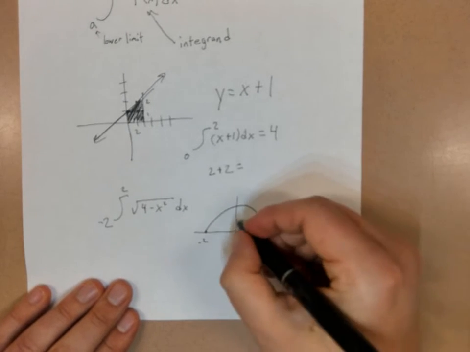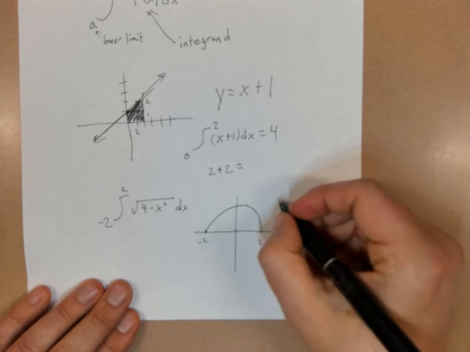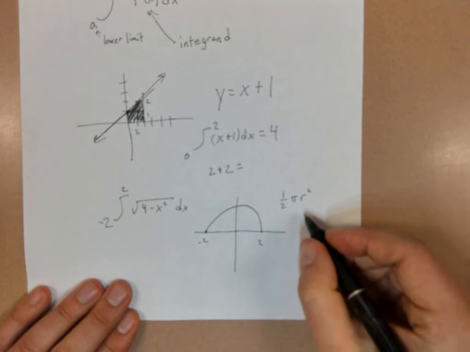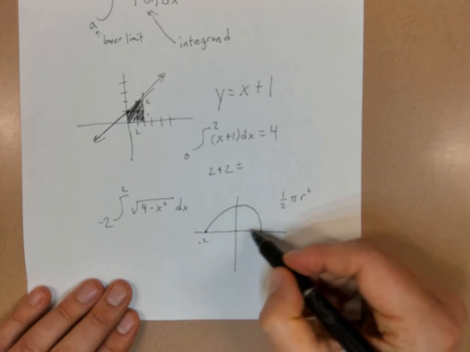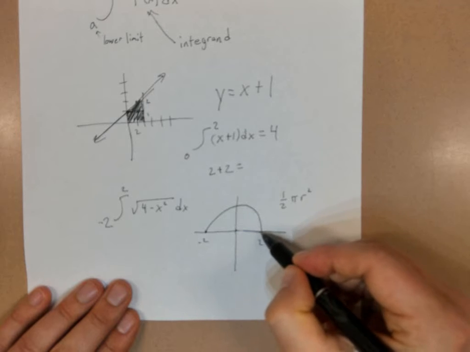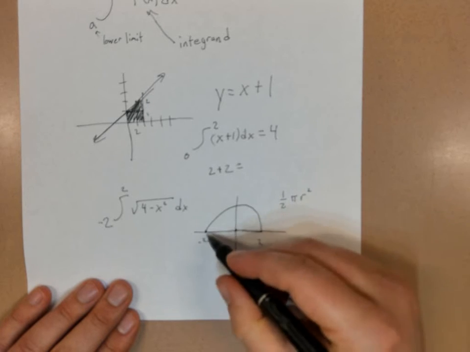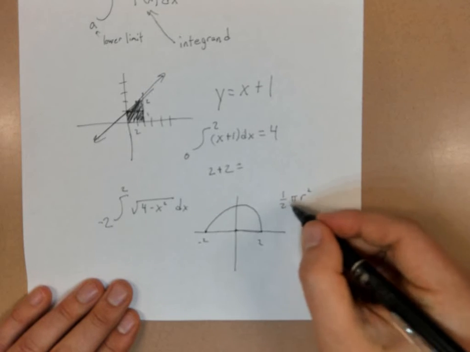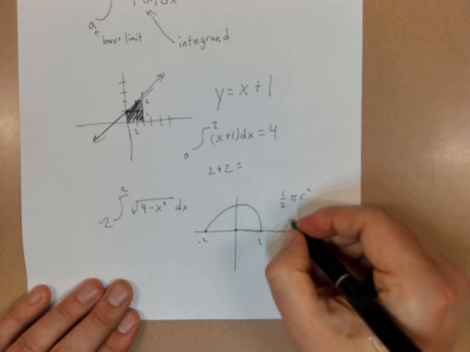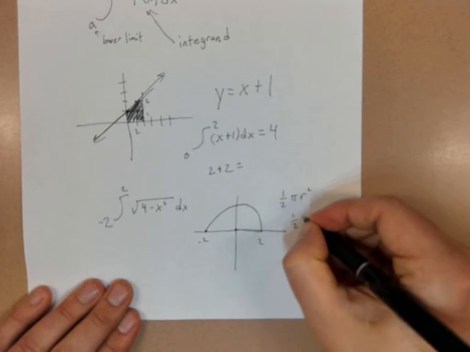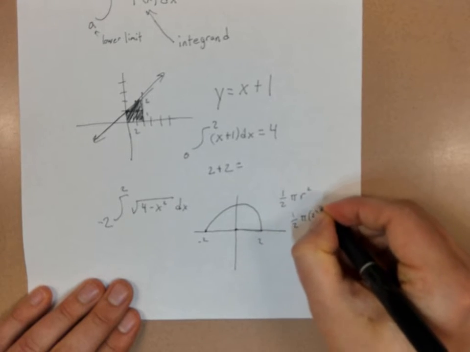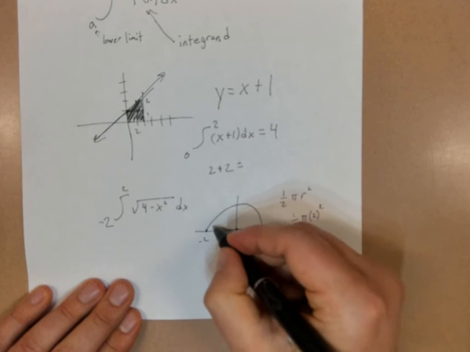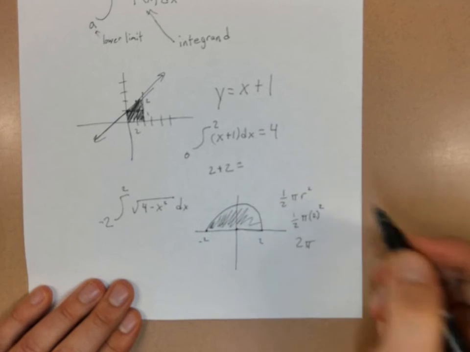If I want to find the area of this shaded region, I would do half pi r squared, because the radius of my circle, from the center out to here, is 2. And I'm only taking half of the circle, because normally the equation for the area of a circle is pi r squared, and we want to cut that in half. So this would end up being 1/2 pi times 2 squared, and so you'd end up with 2 pi as the area of that shaded region.